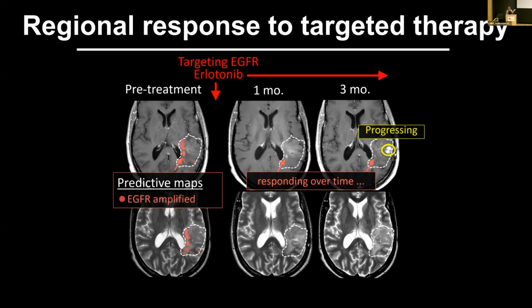It turns out the red region is kind of small. The red region is where the model predicts the EGFR to be amplified. So only a subset of the tumor was really expected to be responsive to the targeted therapy, and that was the region that actually shrunk over time, whereas the region that progressed was not EGFR amplified.